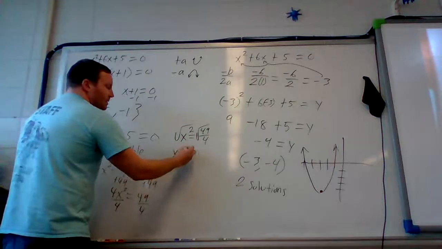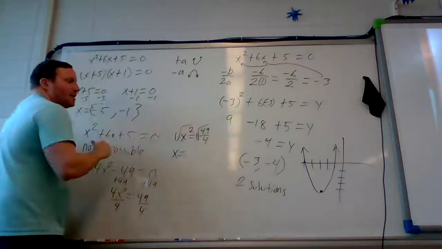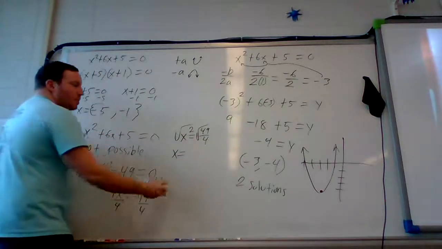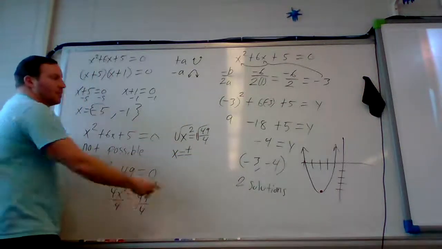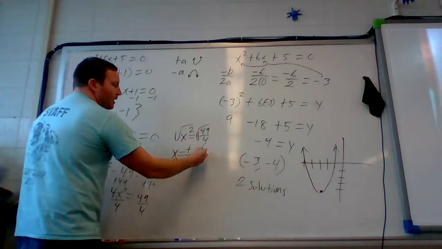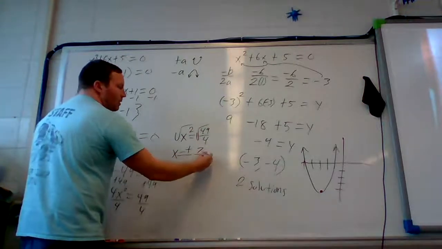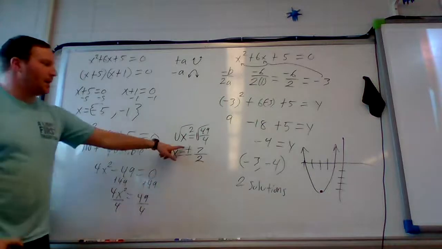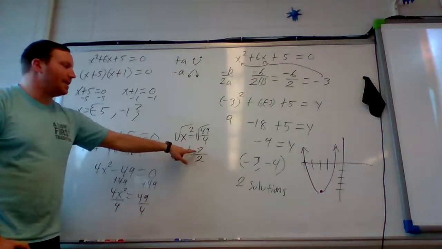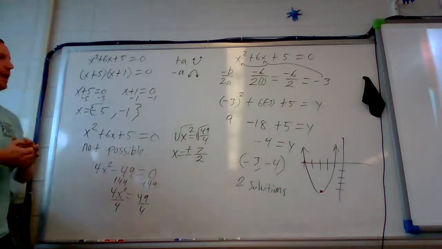So that's going to get us x equals, again, anytime we take that square root with an equal sign, we always want to have a positive and negative answer. Square root of 49 would get me 7, and square root of 4 would get me a 2. So there's two answers, again, a positive 7/2 and a negative 7/2.